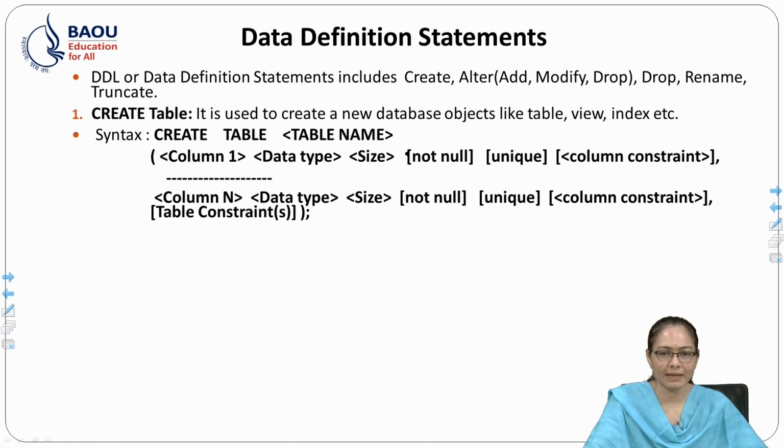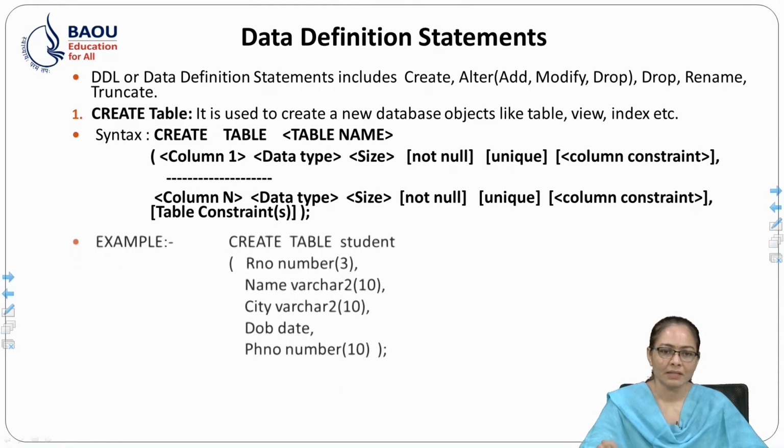The square brackets are optional and the round brackets are compulsory. After that, the command is completed, then a semicolon is used. The number of columns is presented in these opening and closing brackets.